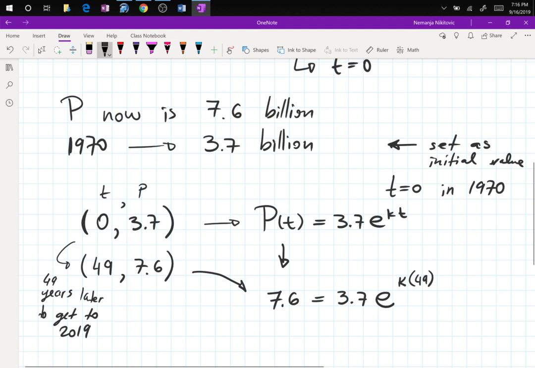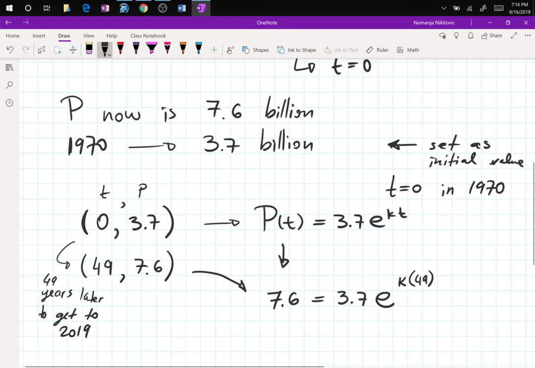My exponential model was P equals P0 e to the kt, where P0 is the value at t equals 0. Now we have the exponential equation which can calculate k. This k is what gets the population to go up or down, depending on whether k is positive or negative. Positive k, population grows. Negative k, population decays, gets smaller.